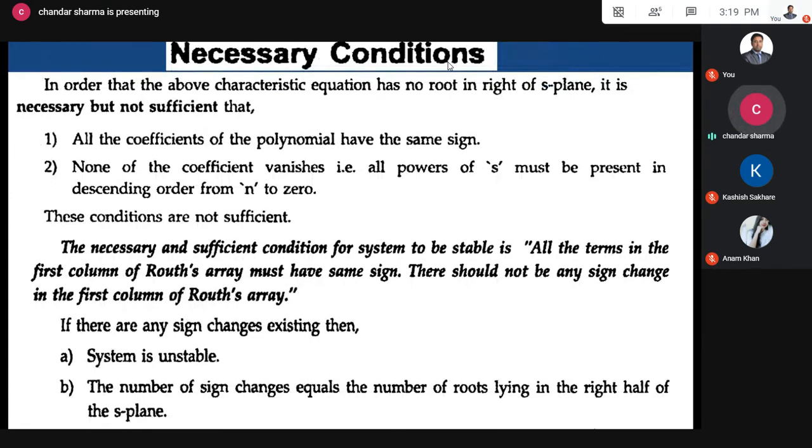So, in order that the above characteristic equation has no root in the right half of the S-plane, it is necessary but not sufficient. That's why it is called a condition. There are two conditions by using Routh's stability.